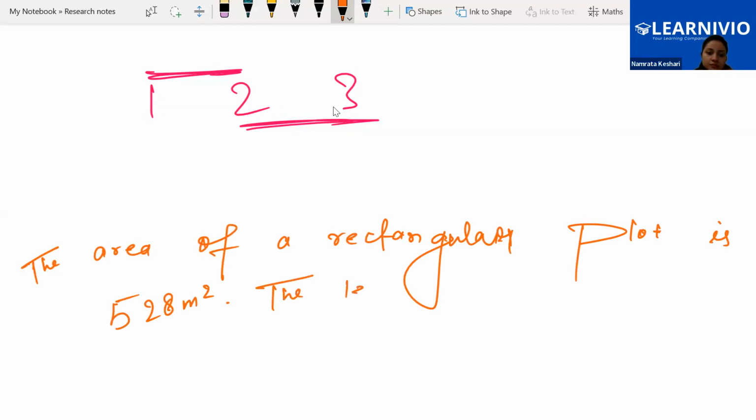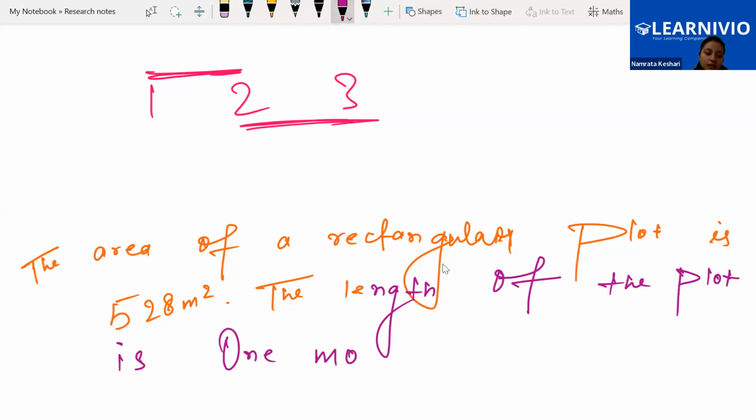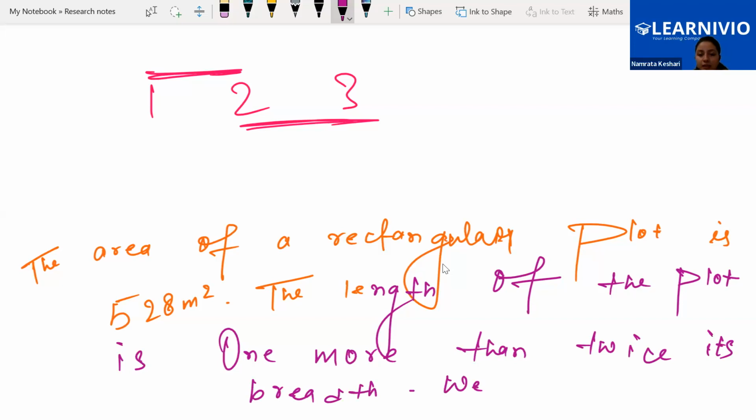The length of the plot is one more than twice its breadth. We need to find length and breadth.